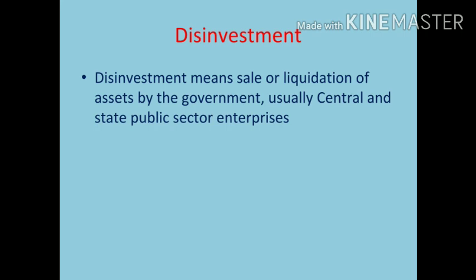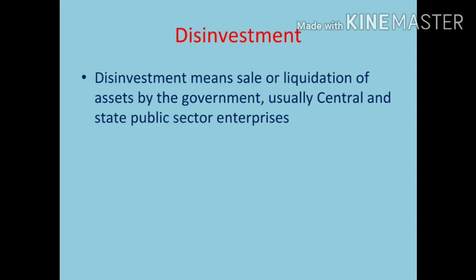Disinvestment is selling the shares of the government-owned undertakings to the private sector. In disinvestment, the ownership is not transferred, because the government sells only 20% of the total value to the private sector, or 49%.